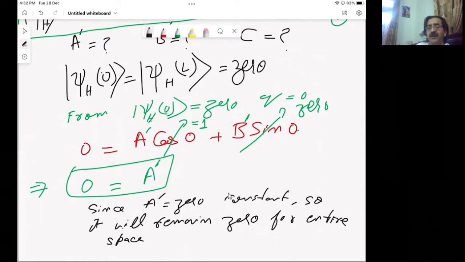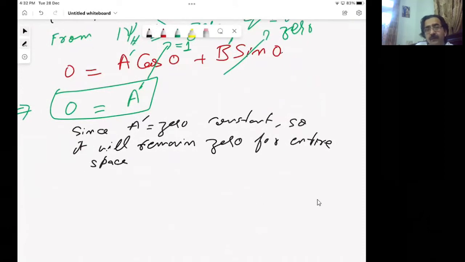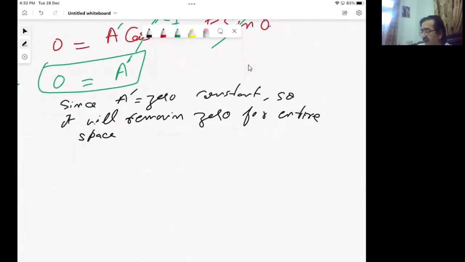If its value is 0 at the initial point Q0, then it will be 0 for the entire space. Got it? Since A prime is 0, it will remain 0 for entire space, because A is constant. That is the main point.